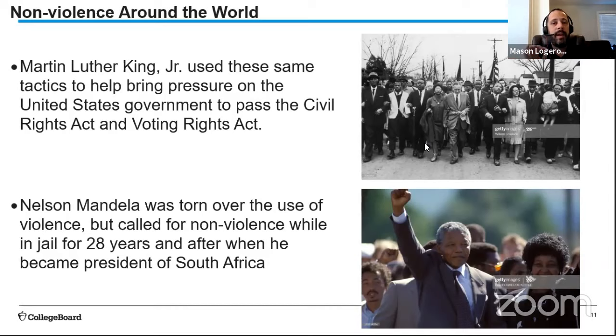Now, consider, as Prime Minister of South Africa, he is now in a position of power to seek revenge on all the people that jailed him for those 28 years. But instead, Mandela called for reconciliation across the country. And that was a very powerful moment, when he could have sought revenge, but instead sought reconciliation for the better of the country.